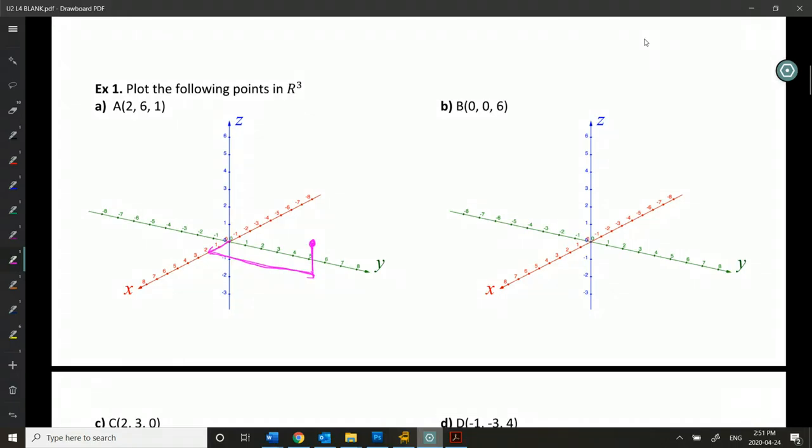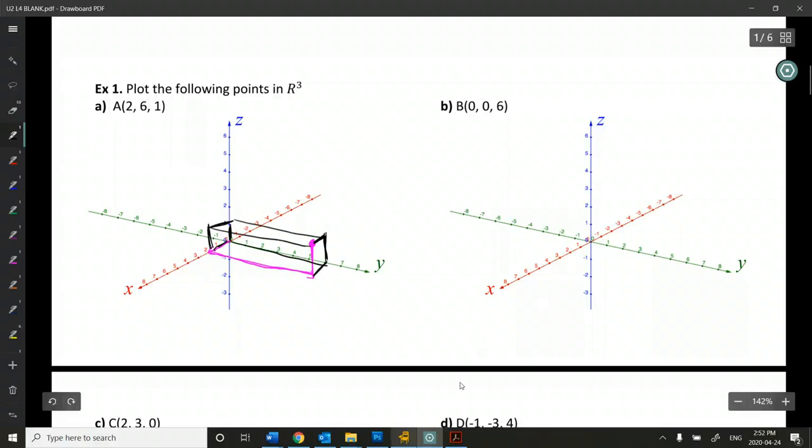In order to see this a little better, if you complete the rectangle, it allows you to see a little better where that point actually is in 3D space. You can see that our point is on the outer edge of this rectangle here.